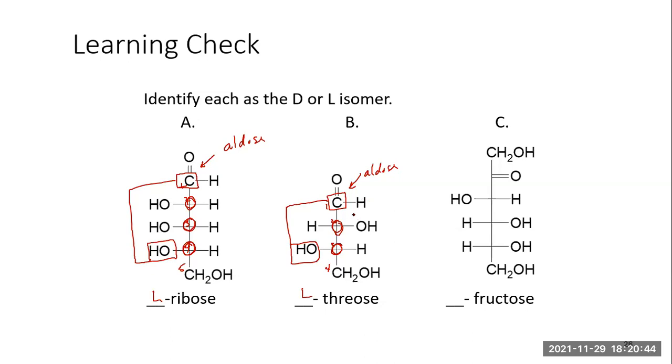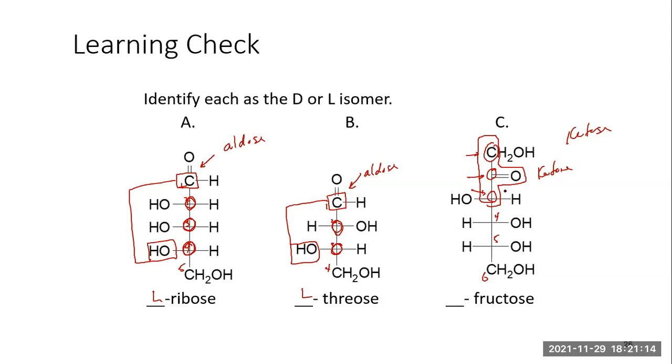And lastly, this is carbon, carbon, carbon, which is 3 carbons in a row, and that is our ketone group. That means that this is a ketose. It has 1, 2, 3, 4, 5, and 6 carbons, which is our fructose and our hexose.